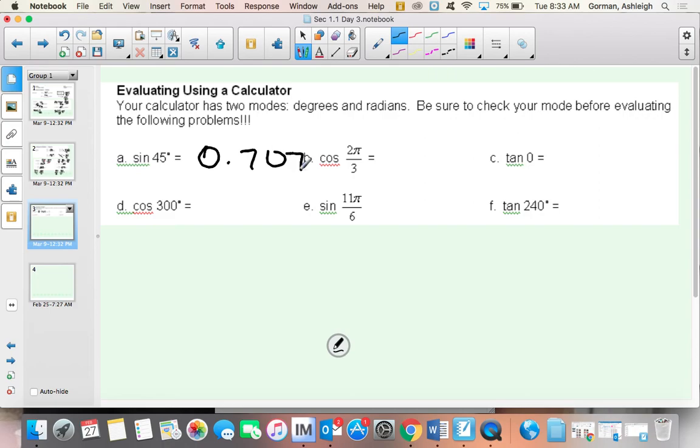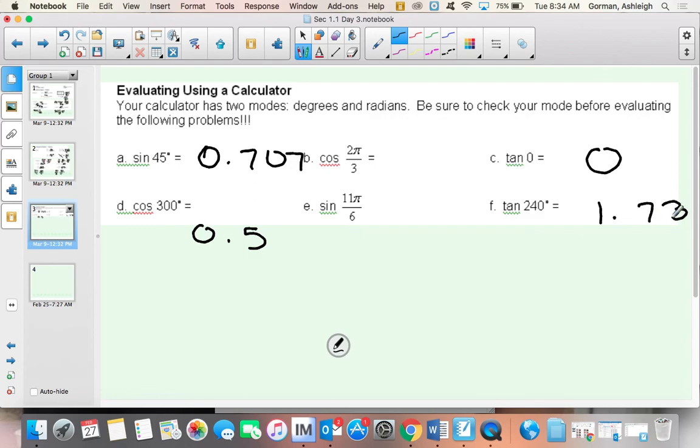Who has that? Charlie? 0.5. Yep, 0.5. Let's keep in degrees. Tangent of 0. Zero. Next, tangent of 240. Austin?